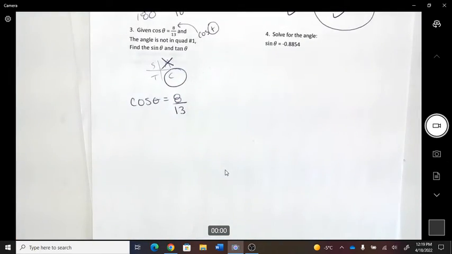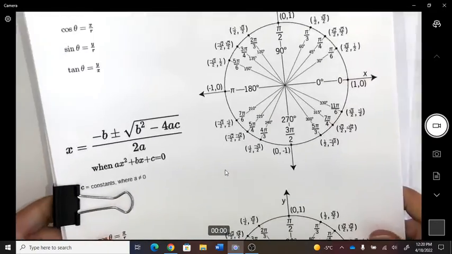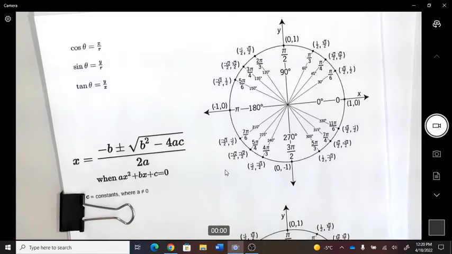Okay, this is what I was given. Do you remember you have X, Y, R stuff, and you have formulas, and you'll have a formula sheet on your test? This is the formula sheet you're getting on your test.